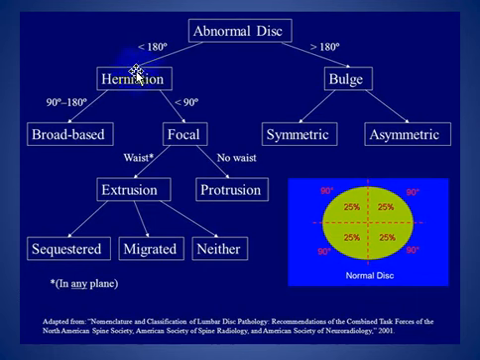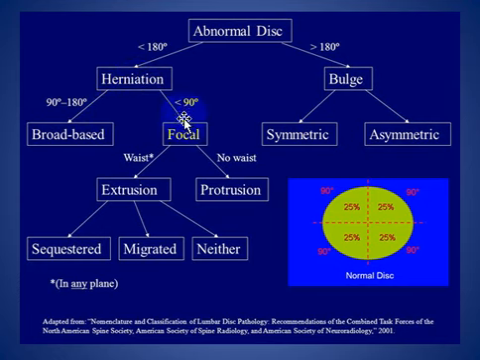In summary, abnormal disc is either bulge or herniated. Bulge can be symmetric or asymmetric, and it is more than 180 degrees. And herniation is less than 180 degrees.